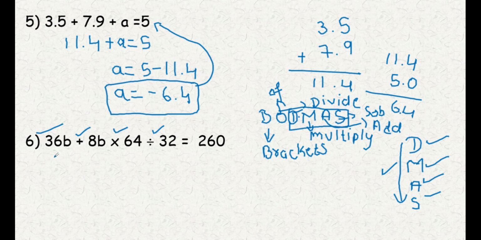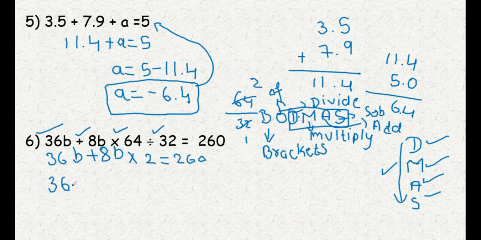Now, first let's solve by D. 36b plus 8b into 64 divided by 32 is equals to 260. Here is a division. 64 divided by 32 is 2. Next, 36b plus, the division is completed. Next, multiplication. 8b into 2 is 16b. 36b plus 16b is equals to 260. Now multiplication is also completed.